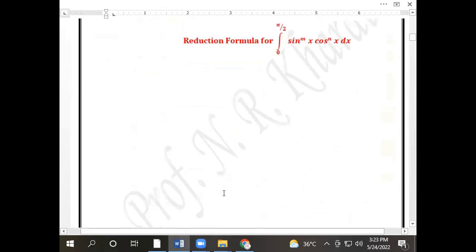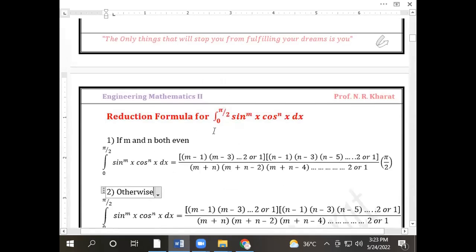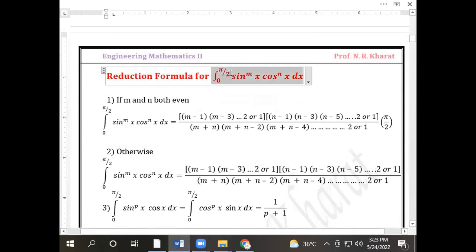Start the formula conversion of this formula of integration where the index of your sine is m and the index of your cos is n. The limit runs from 0 to pi by 2.